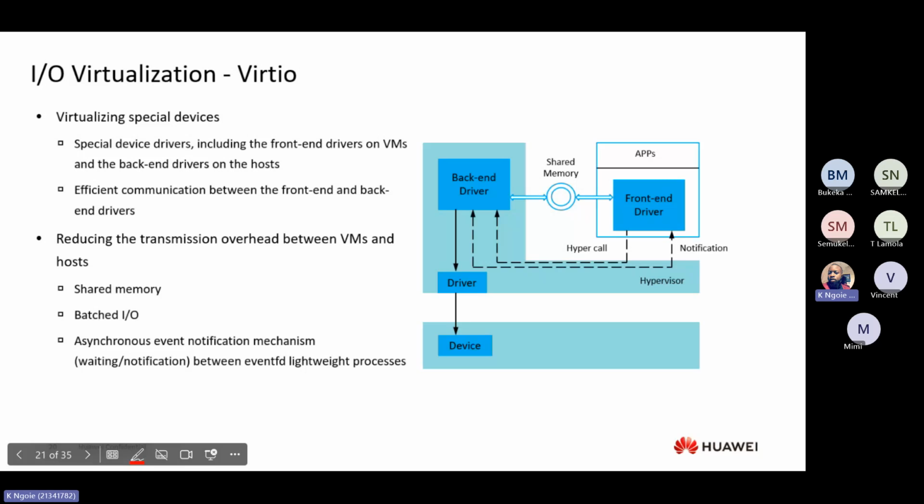Instead of fully emulating a hardware device, VirtIO will just provide a standardized interface that both the hypervisor and the guest operating system understand. So how does it work? You have the guest operating system which uses virtio drivers, that will communicate directly to the host virtio back end.